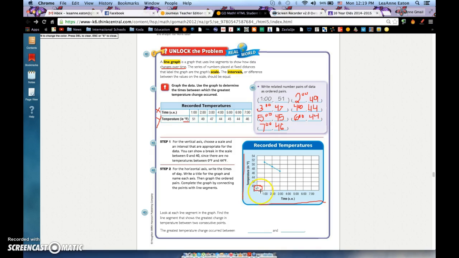If we started 0, 2, 4, 6, 8, our 50 would be way off the screen and it would be a giant graph. But all of our data is in this section. So we show this to say that we're skipping the numbers 0 through 40. Okay? So it's letting us know. If we didn't have this little squiggle, then it would be counting by 40, and then the next one would have to be 80, and then the next one would have to be 120.